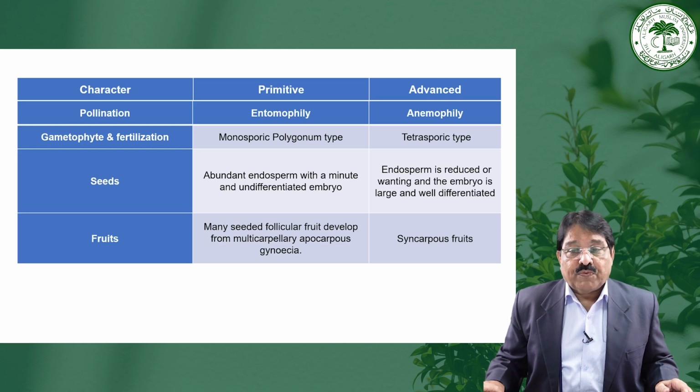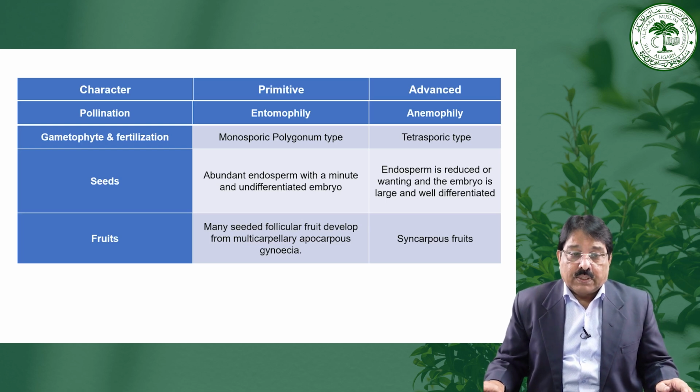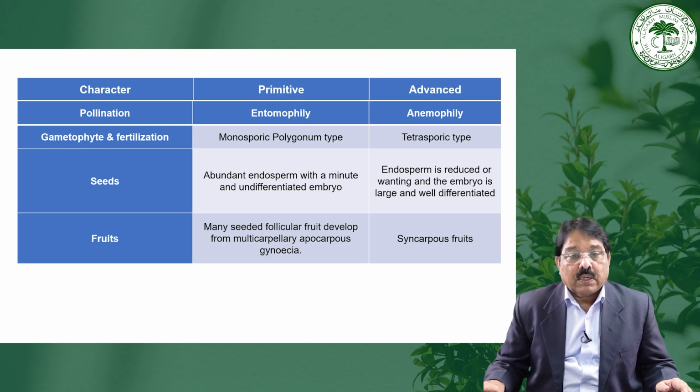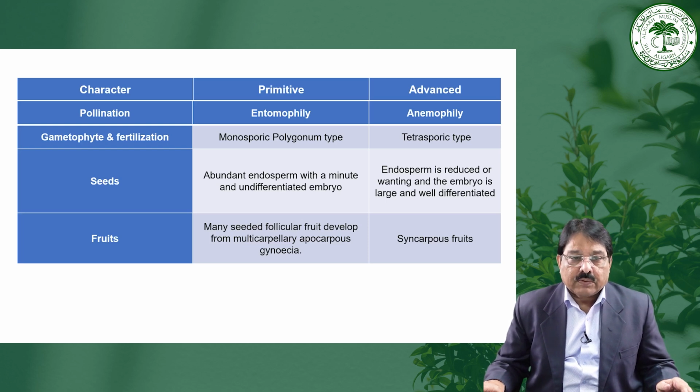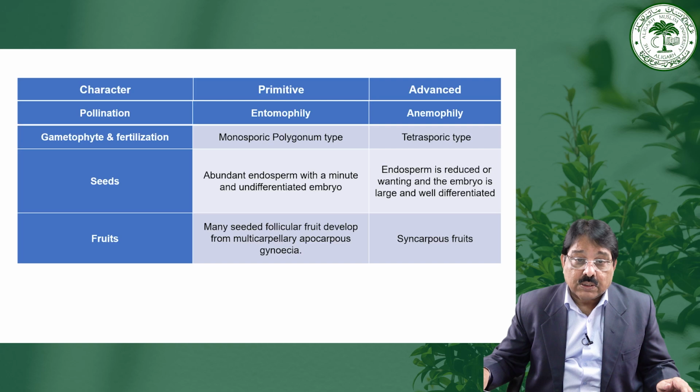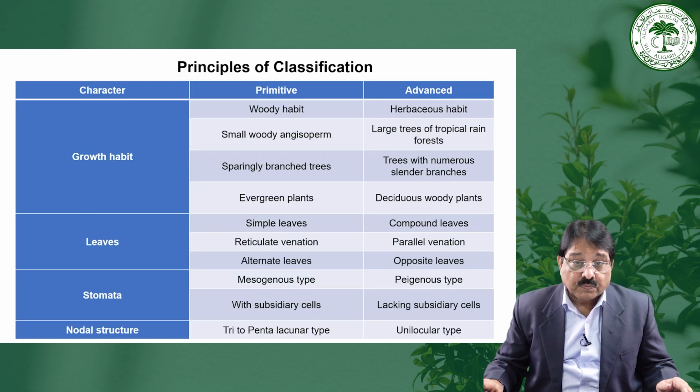Either it is entomophily or anemophily, whatever it is. Then he also considered gametic fertilization. It is the polygonum type, monosporic or bisporic or tetrasporic, whatever it is; he considered the gametophytic as well as the fertilization type. Then the seed character: he considered the abundant endosperm with the minute and undifferentiated embryo. Then the fruit. So he considered all such characters.